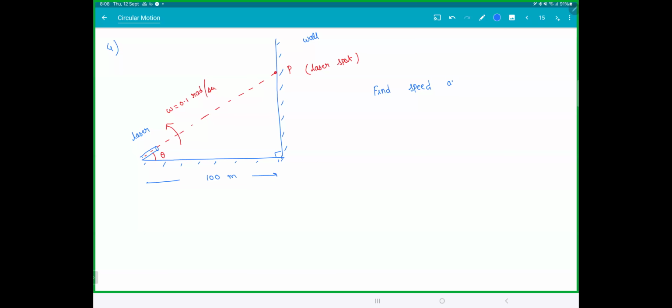Find speed and acceleration of point P when theta is 60 degrees. So with what speed and what acceleration is that spot on the wall traveling when theta is 60 degrees? Let's get this, everyone.